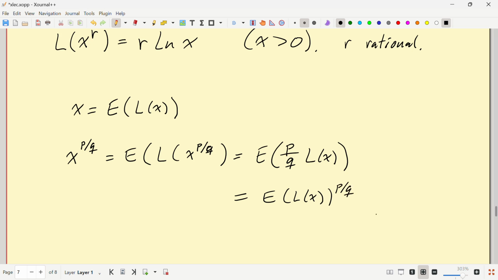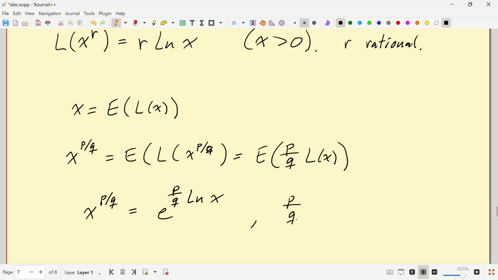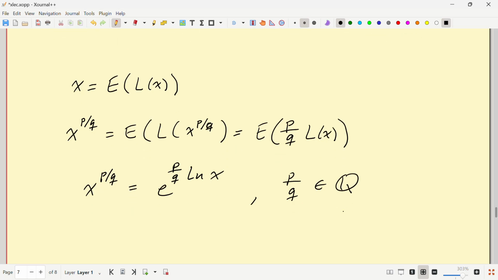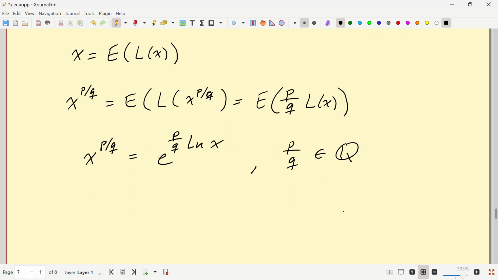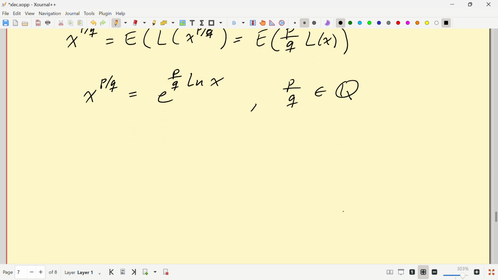So this is true if it's e to the p over q ln of x when p over q is rational. Which you realize, aha, those functions are nice and differentiable and continuous, etc. It's the only way to fill in that function to make it make sense for irrational numbers.